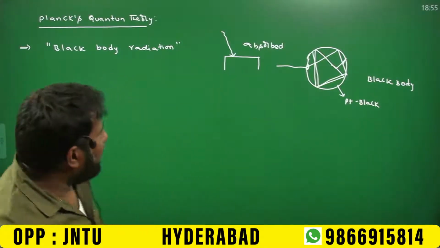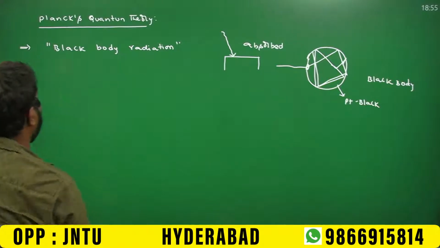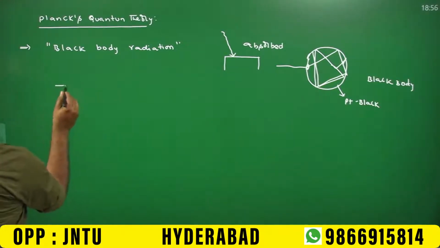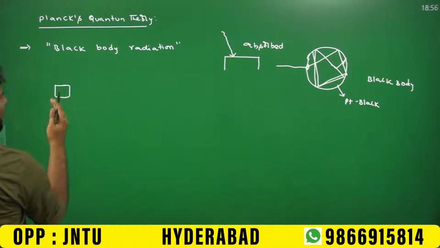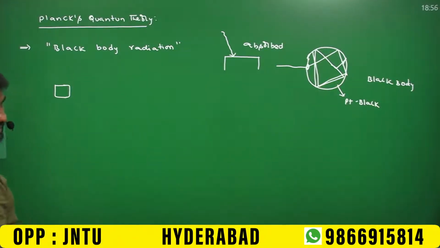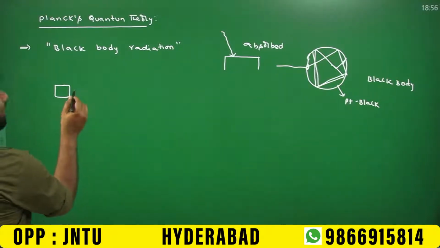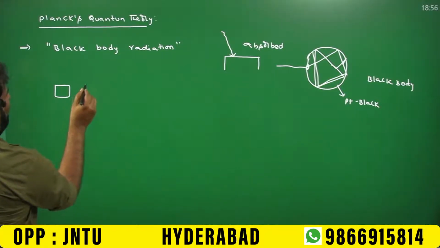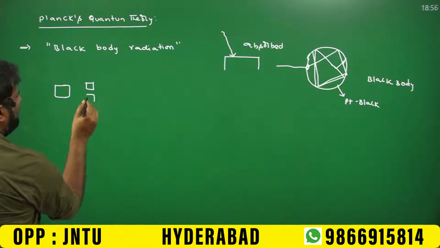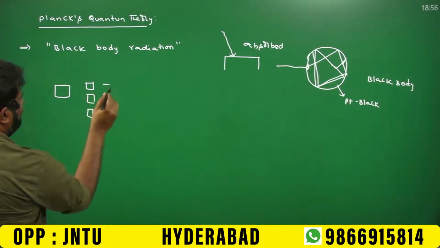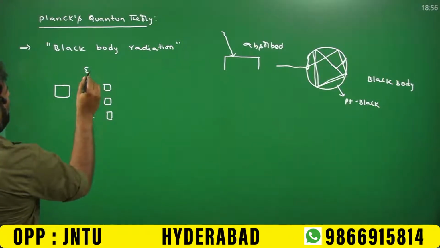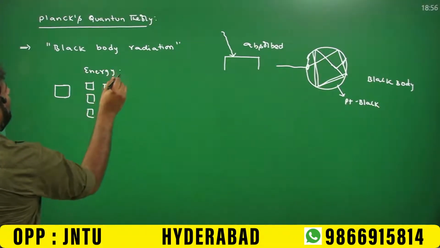Now the emitted radiation can be explained with the help of Planck's quantum theory. For example, an incandescent light, which is glowing, is emitting light. The emitted light is always in the form of small energy packets.